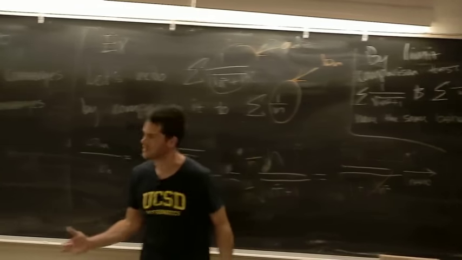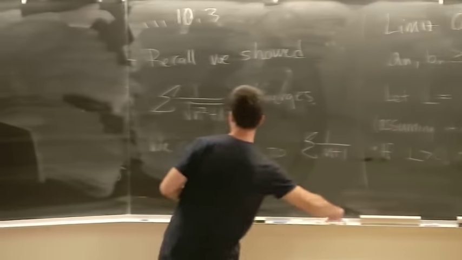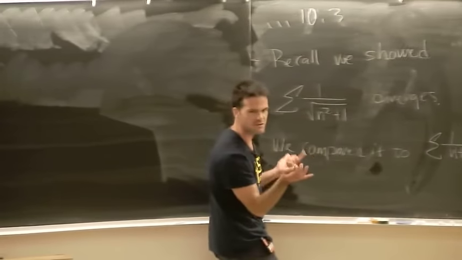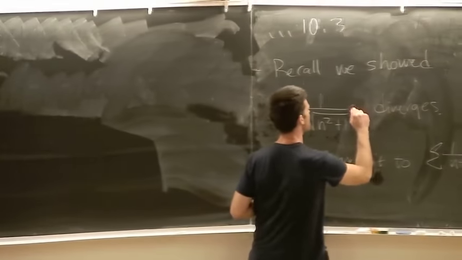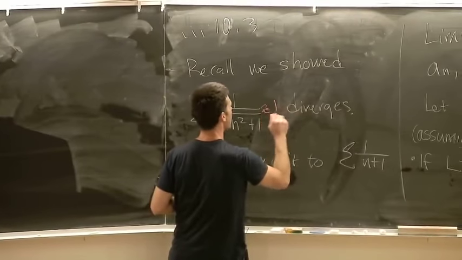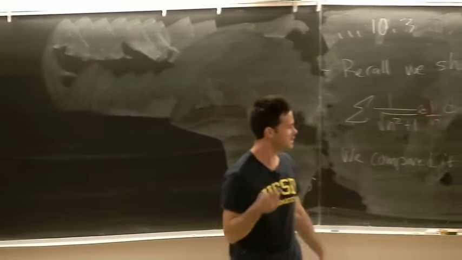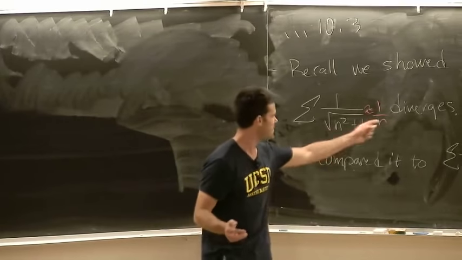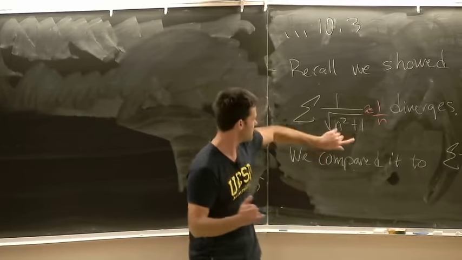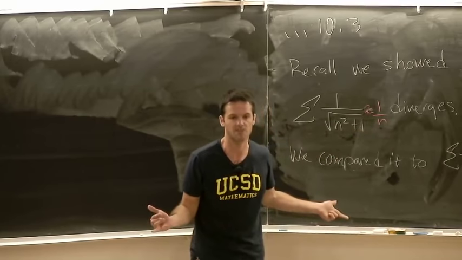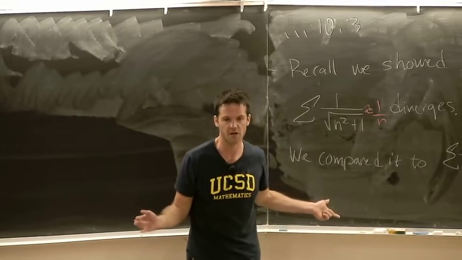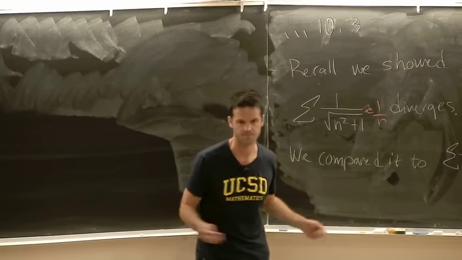Because when n is a super huge number, the 1 doesn't really make much of a difference, and this is approximately equal to just 1 over n. So the limit comparison test says, yes, indeed, since this sequence and this one are approximately equal, at least for large n, their behavior is the same.